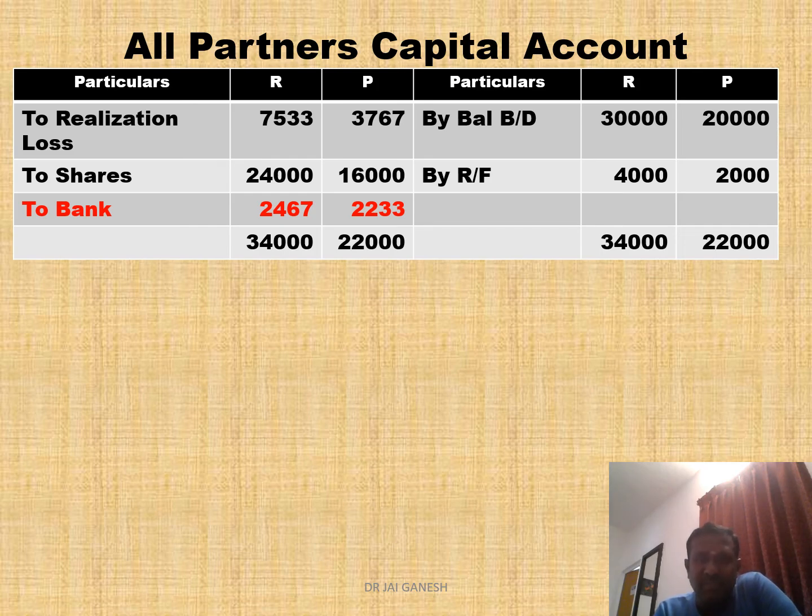Then share the realization loss between both partners. Then the 40,000 equity shares should be distributed among the two partners in capital ratio. So distribute the shares among the partners. Then final settlement of the partners is 2,467 and 2,233.